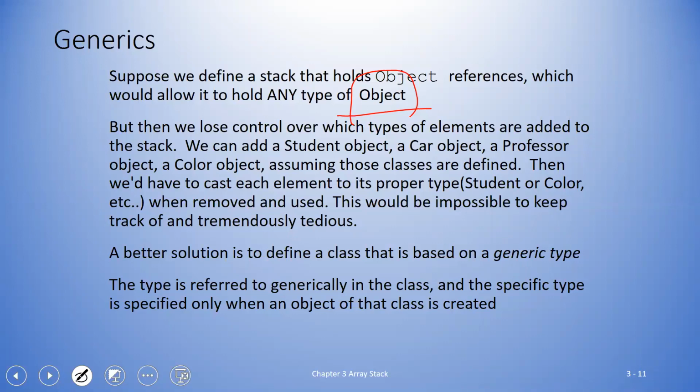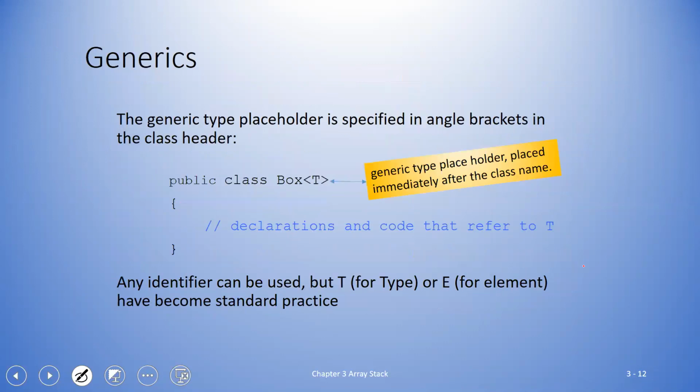So based on those problems, we decide a better solution is to define a class that's based on the generic type. So what is a generic type? This is a generic type, T. Okay, type. You can use any other character, but usually we use this. Okay, so you are saying public class Box, and what does this box hold?